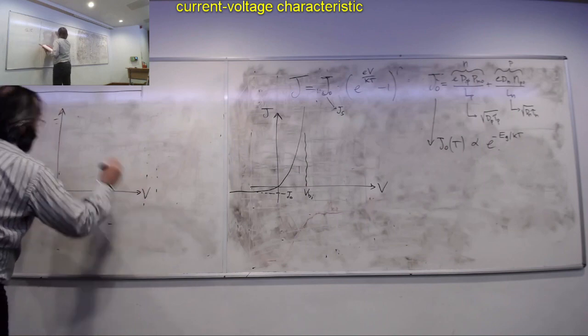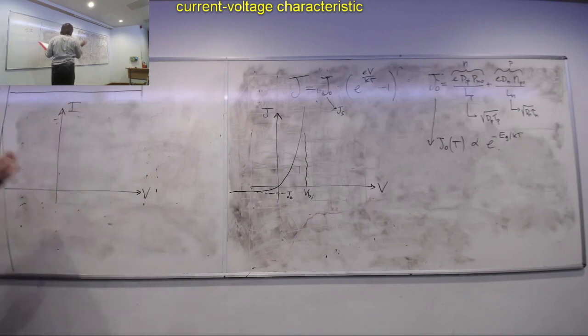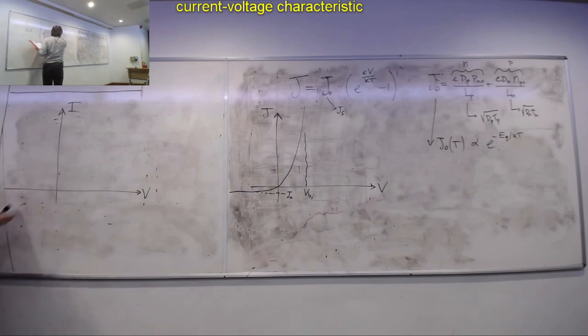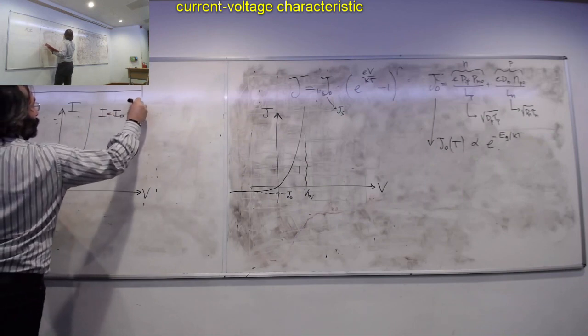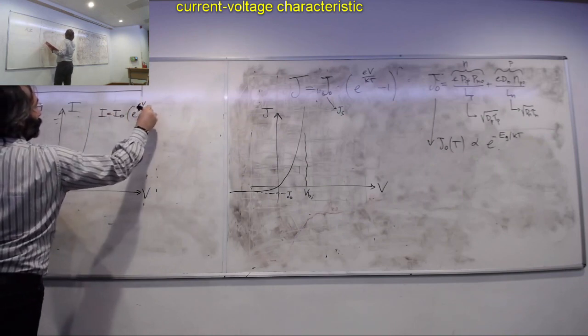And to see that, I will plot I in V, just because we are used to see resistances with I in V. On this plane, a resistor is a straight line. The slope would be 1 over R. Now, the characteristic of the diode is this one here: I equals I0 times e to the eV over kT minus 1.